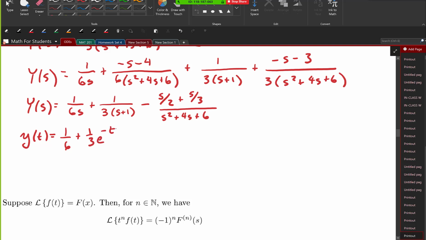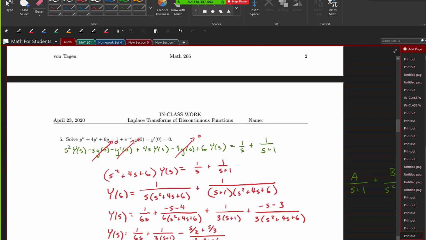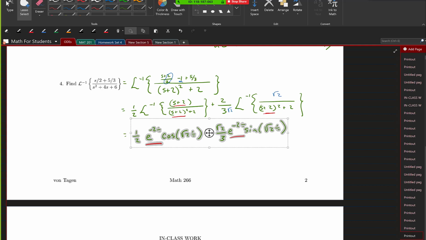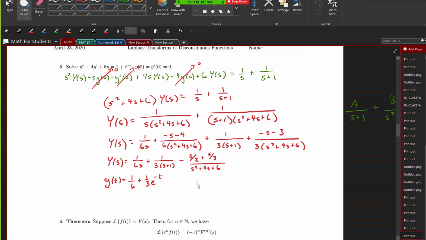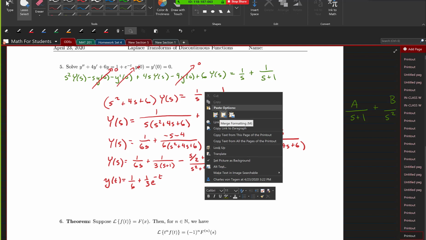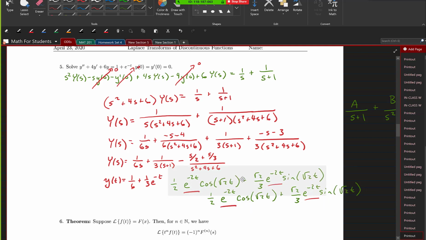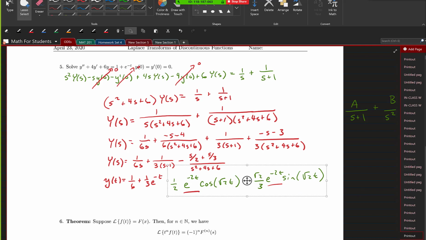Any questions on that? Now, this last one we did right on the previous page. So this last one comes back like this.